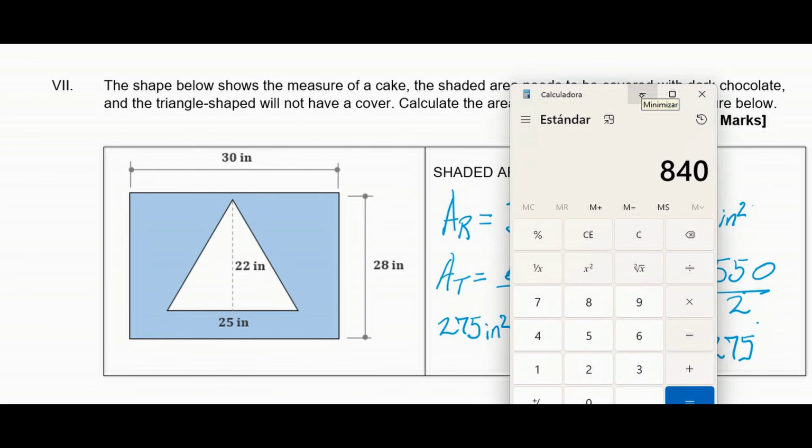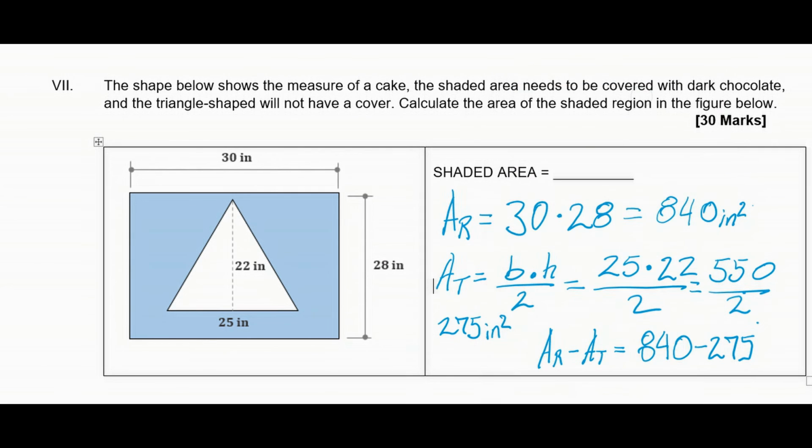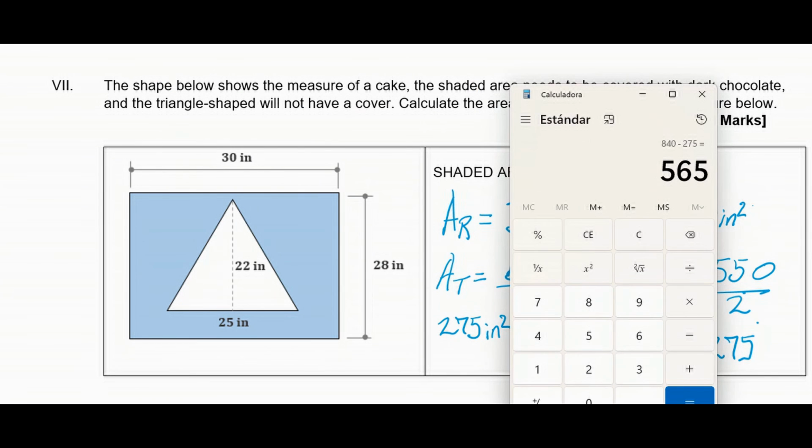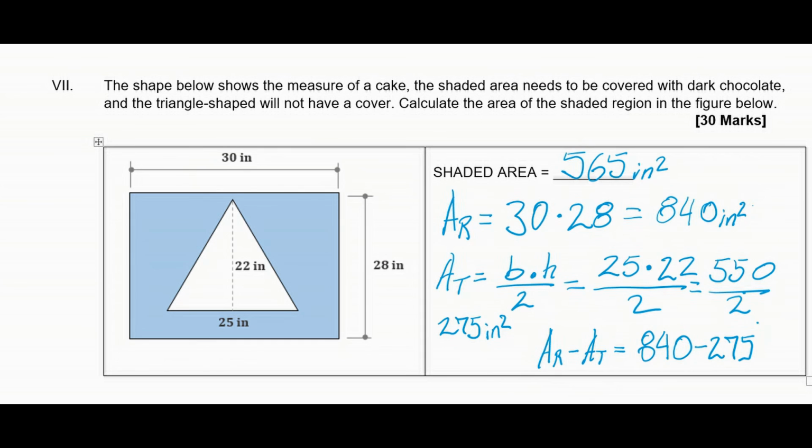It is 565. So we say the shaded area is 565 what? Square inches. Remember, no unit, no point.